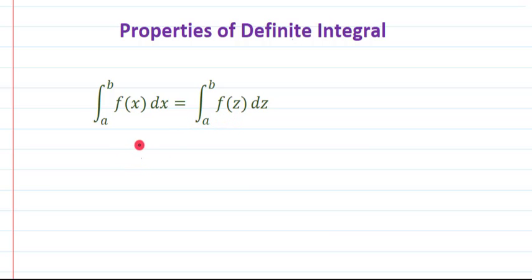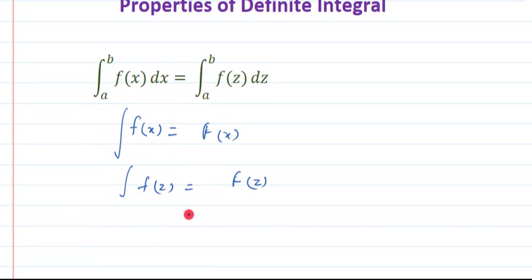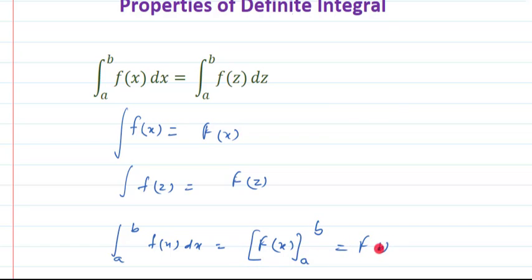Let me prove it as we have done earlier. Let small f(x) have its integration as capital F(x), and the integration of small f(z) be capital F(z). Now using limits, we know very well that the integral from a to b of f(x) dx is F(x) using the limits, so we can write this as F(b) minus F(a).